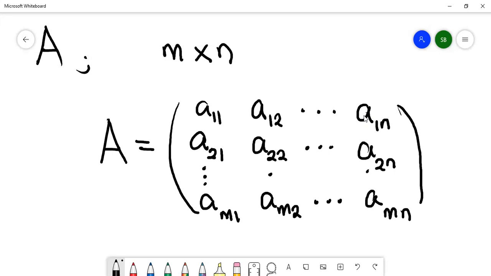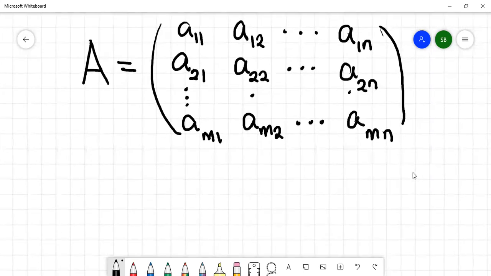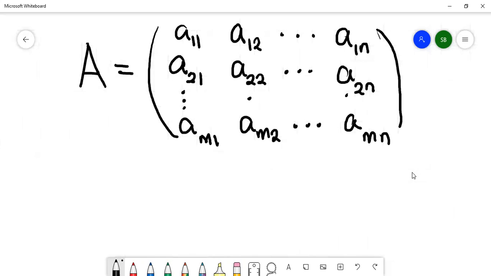So generally, a matrix of dimension m by n can be written like this. Of course, here m is the number of rows and n is the number of columns.